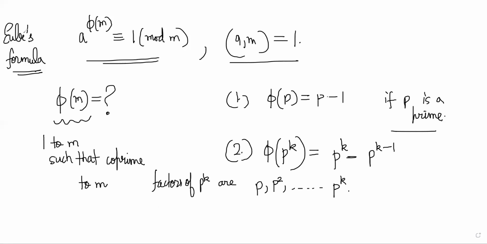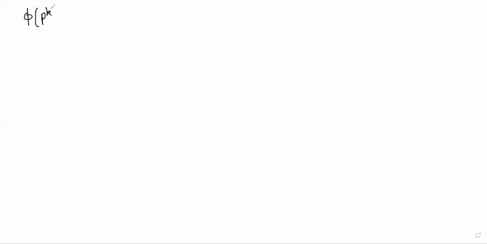If I want to calculate phi of p power k, the total number of numbers from 1 to p power k is p power k.